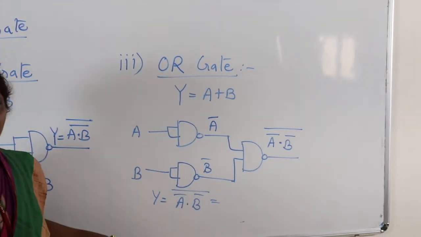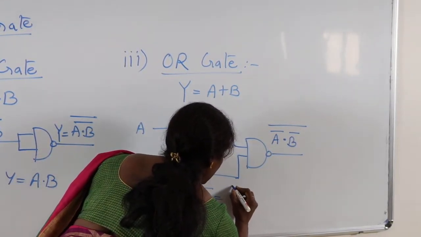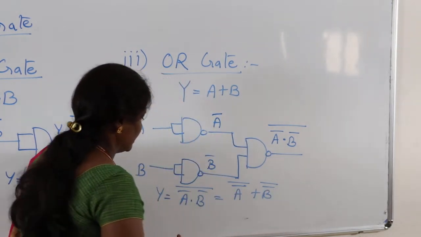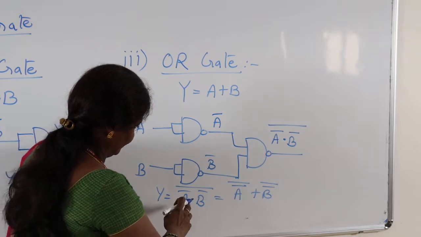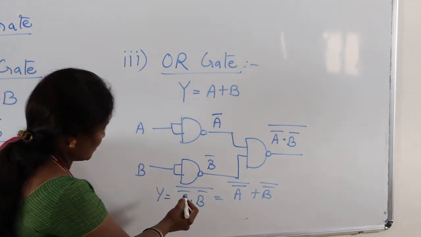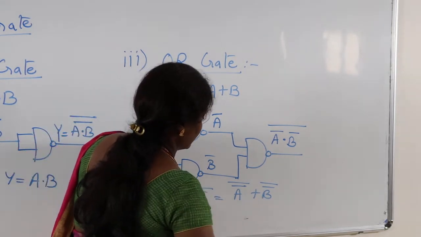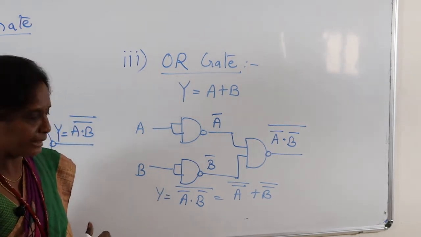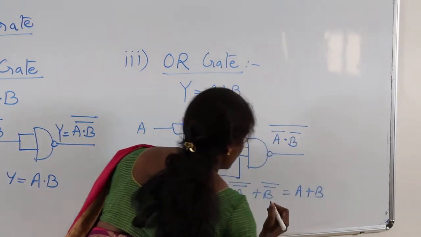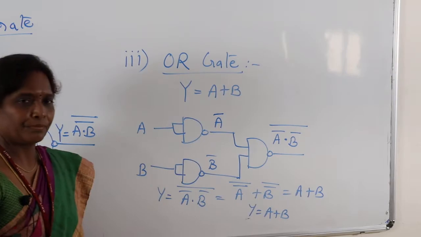So applying De Morgan's theorem, we get A bar bar plus B bar bar. De Morgan's theorem says the complement of the product is equal to the sum of the complements. So we get A plus B. So the desired output is Y is equal to A plus B. Okay.